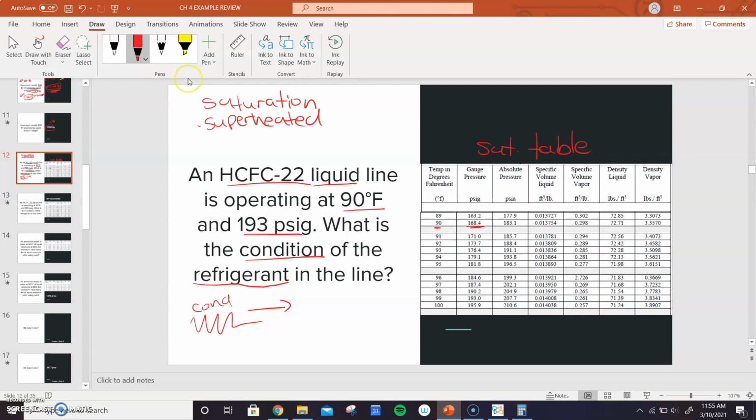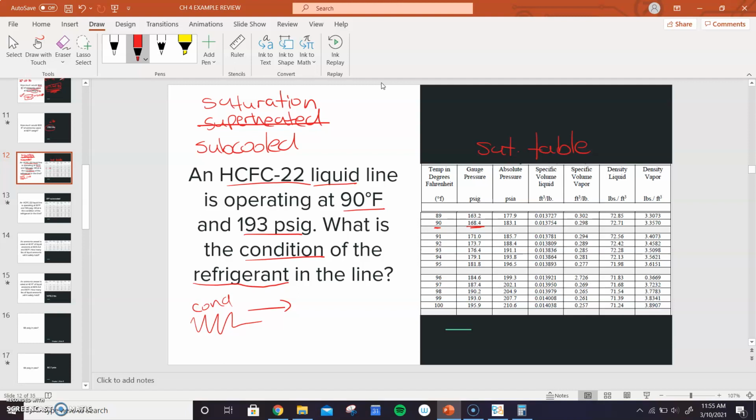The answer is no, because if you try to superheat a liquid, you're adding heat to it, it's just going to evaporate. And it can be subcooled, meaning that for whatever pressure it's at, the temperature is going to be lower than it would be at saturation.